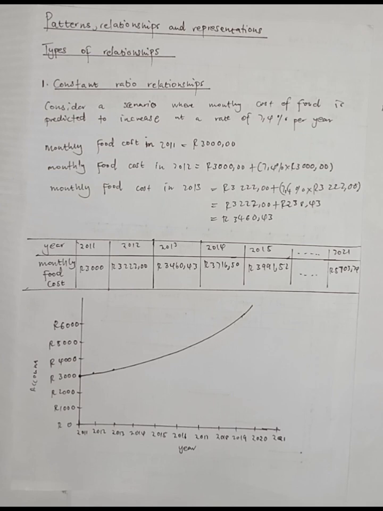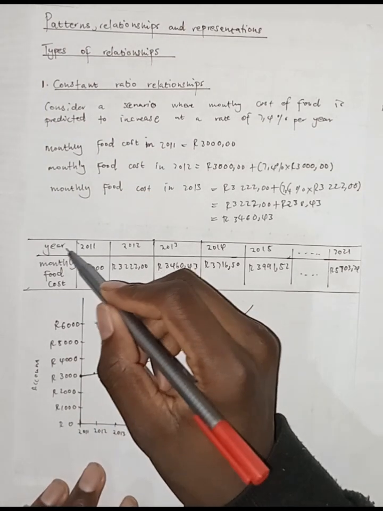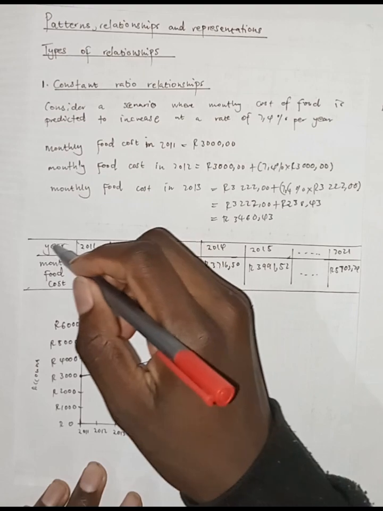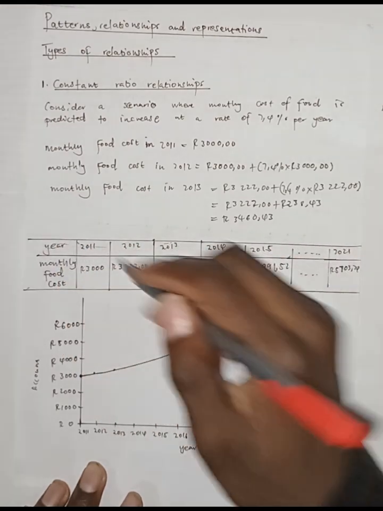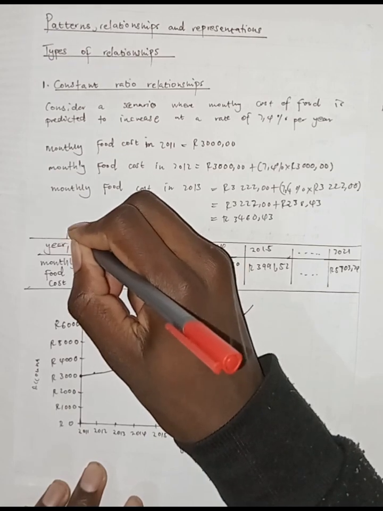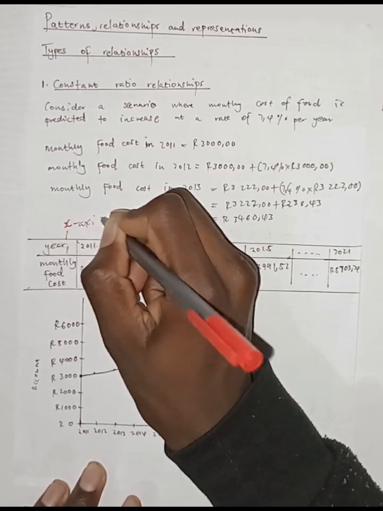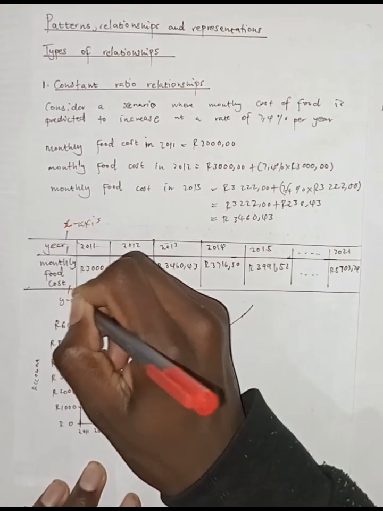Let's say you're asked to plot a graph. One thing you should know: whatever is on top, like here we have the year, goes on the x-axis, and what is below goes on the y-axis.